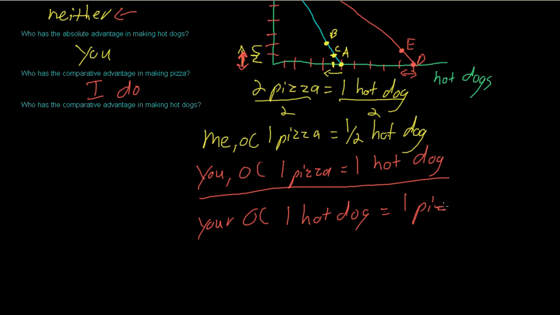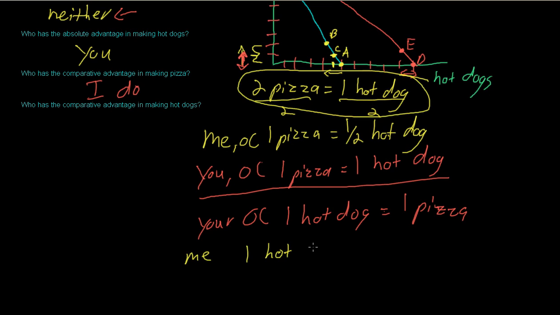But for me, it's a little bit different. We already had it all the way up here. For me to make 1 hot dog, I have to give up making 2 pizzas.